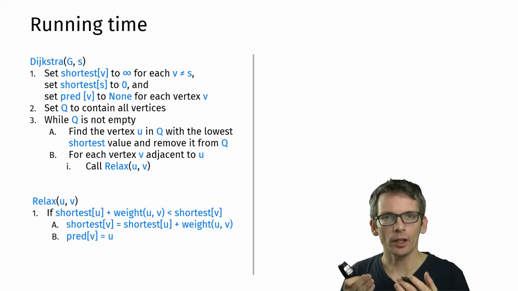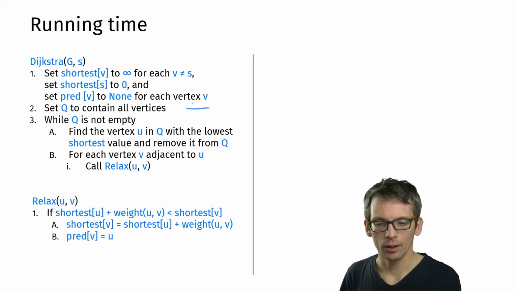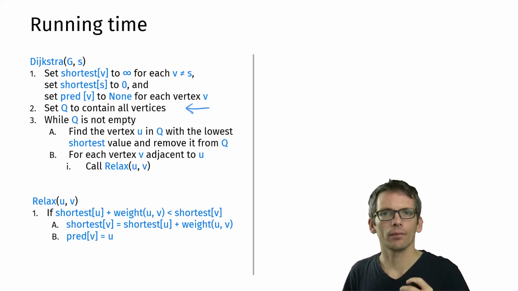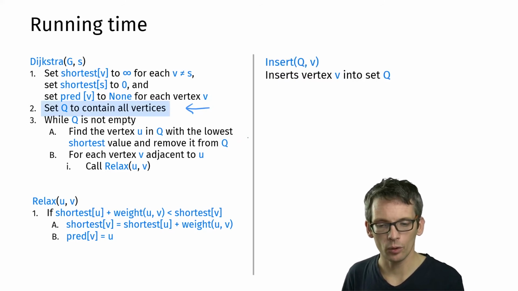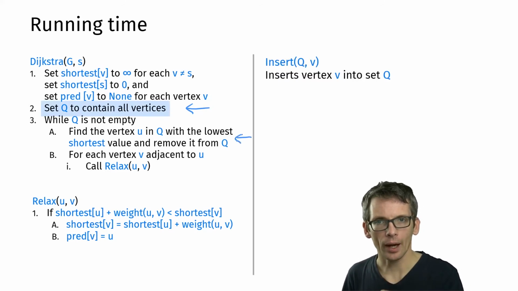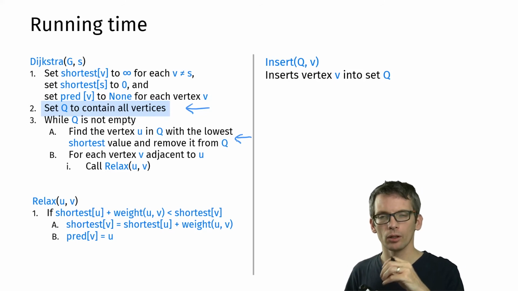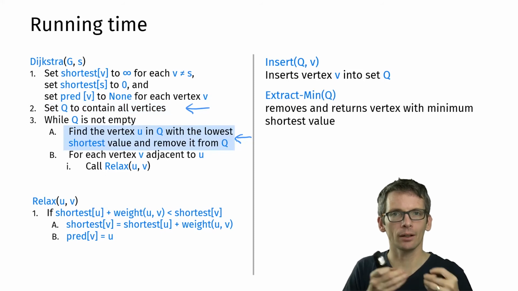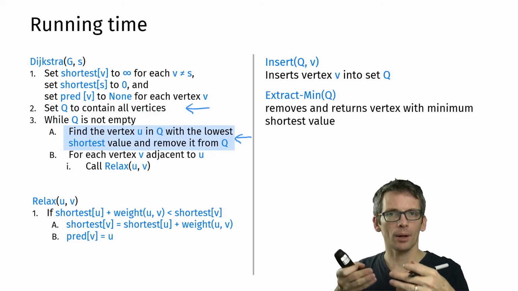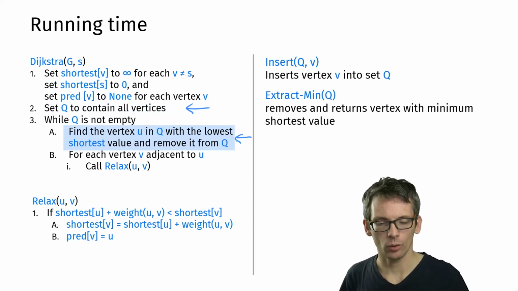So let's see which operations we need. We need to be able to insert elements into Q. Then we want to be able to extract the element with the lowest shortest value. So if shortest is my key, I want to be able to extract min by the key shortest.